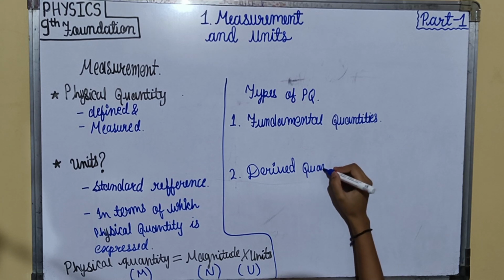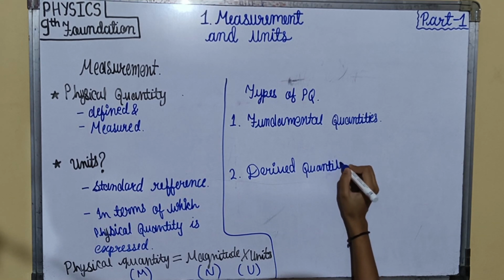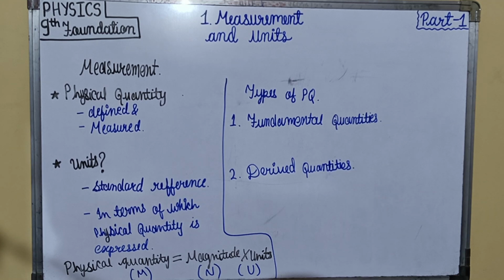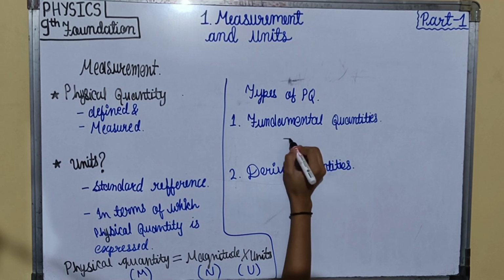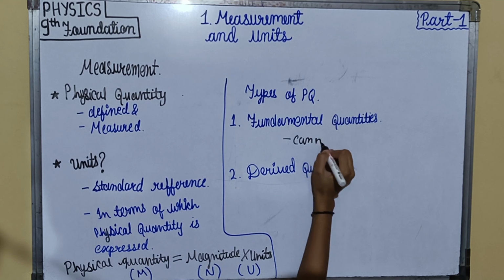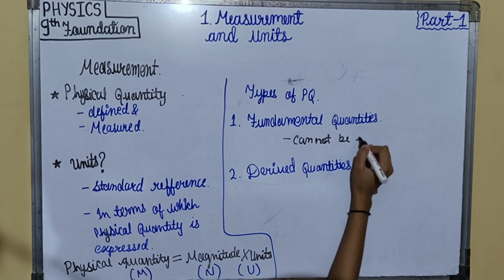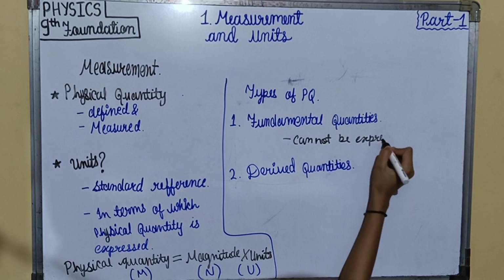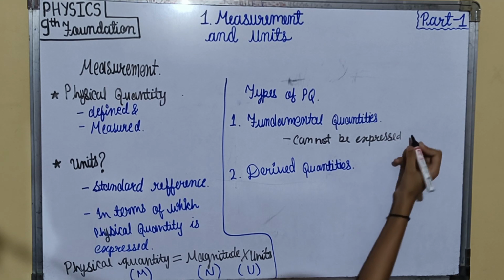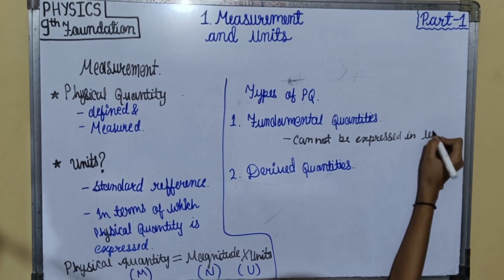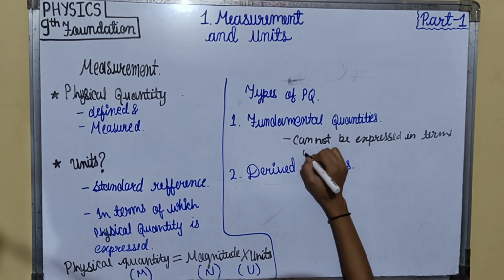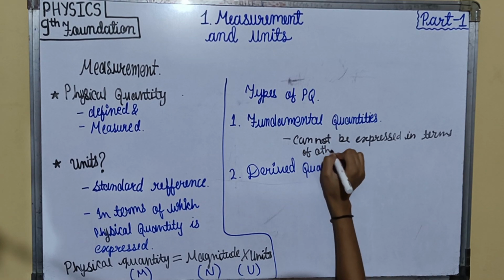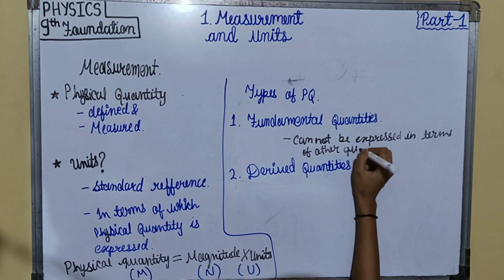So what is the meaning of fundamental and derived? Fundamental means those which cannot be expressed in terms of other quantities.